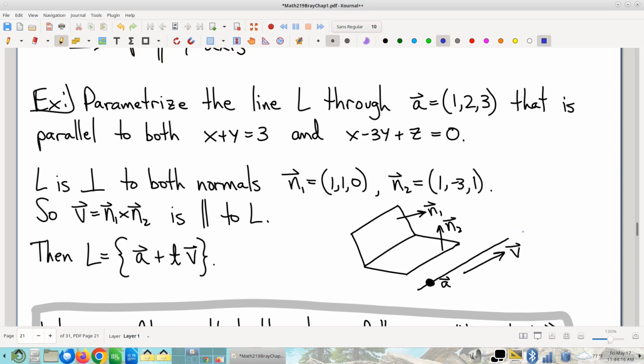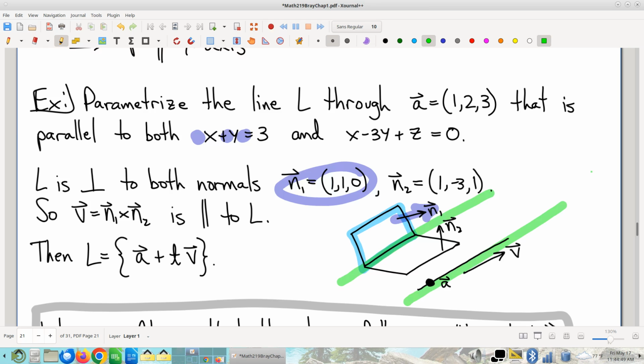Okay, so back to this question. Again, I'm going to use a transitivity argument here, and the idea is that, for example, this vector that you'll notice I peeled straight off of the coefficients of the first equation: 1, 1, and 0 are my coefficients, right? So that's the normal vector for this plane, which means it's perpendicular to that plane. Well, that plane is parallel to the line that we're interested in.